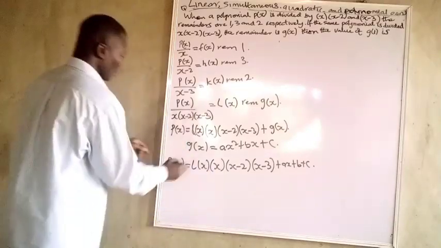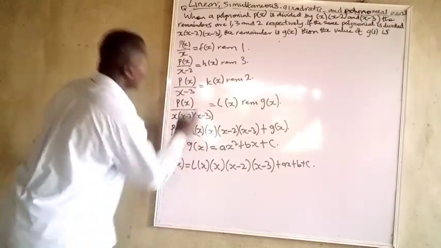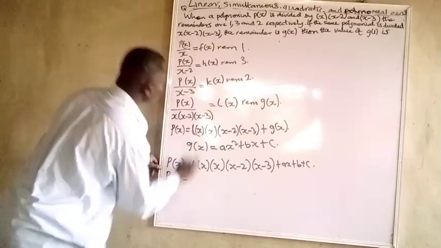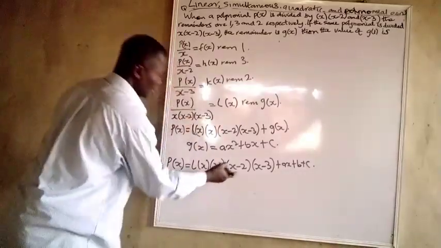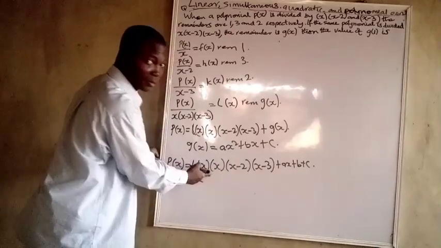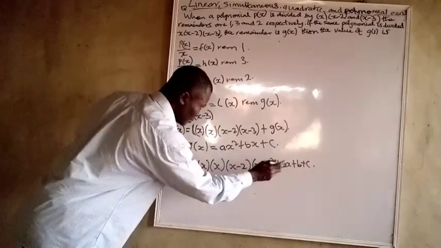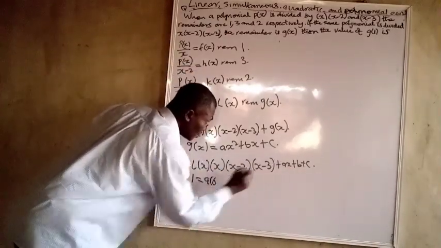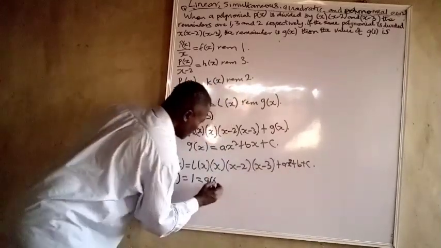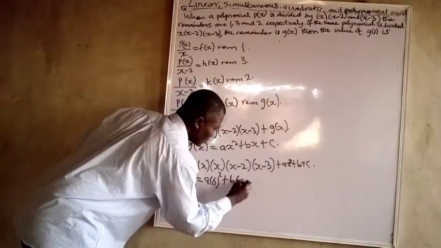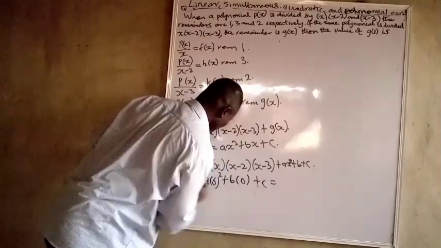Then, using remainder theorem, we know that p(0) is equal to 1, which will be, if I put 0 here, everything here will be 0 for x, and then I'm going to have a(0)^2 + b(0) + c equal to 1.